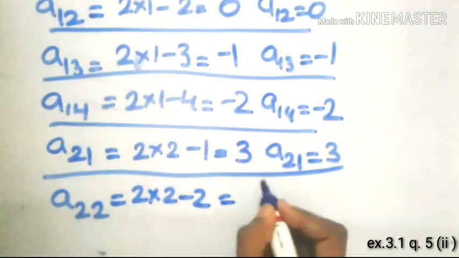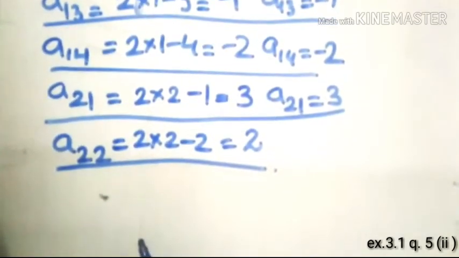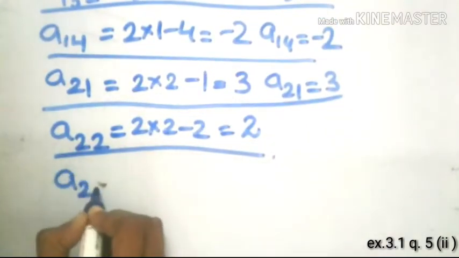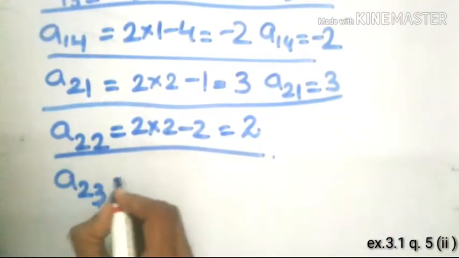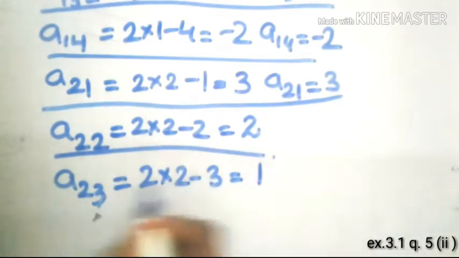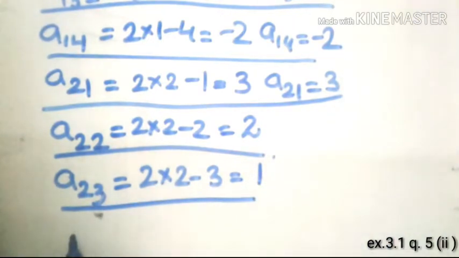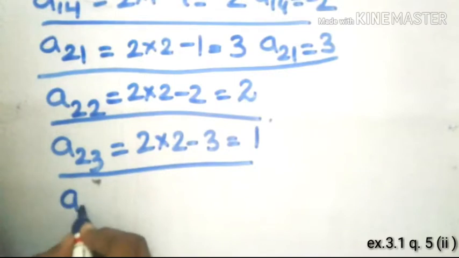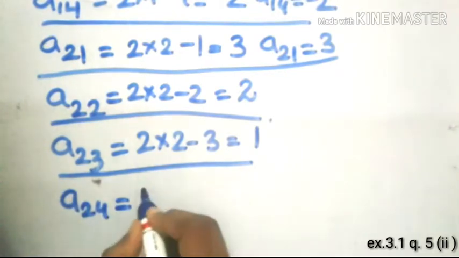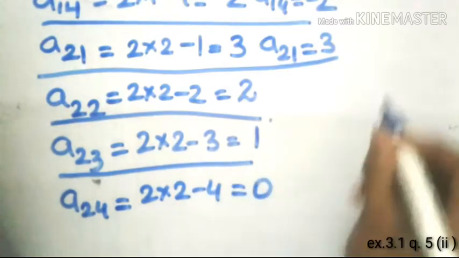So I get 4 minus 2, answer is 2. Then I have A23. So A23 will be 2 into 2 minus 3. That is 4 minus 3, which is 1. Then I have A24. That is 2 into 2 minus 4, which is 0.